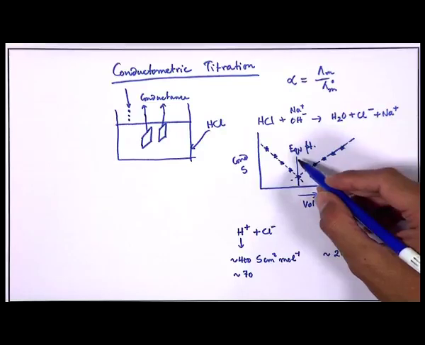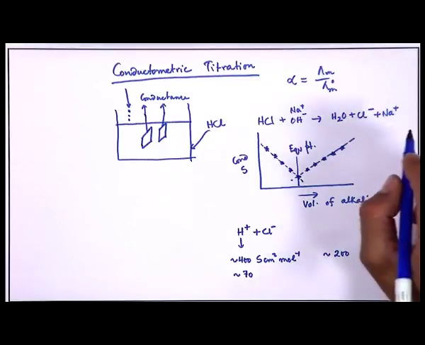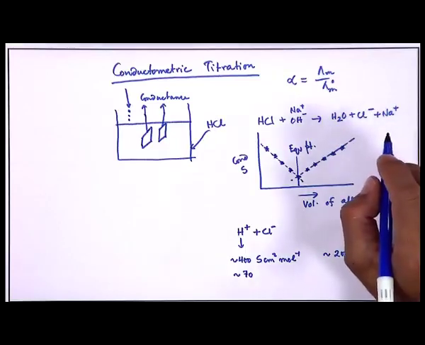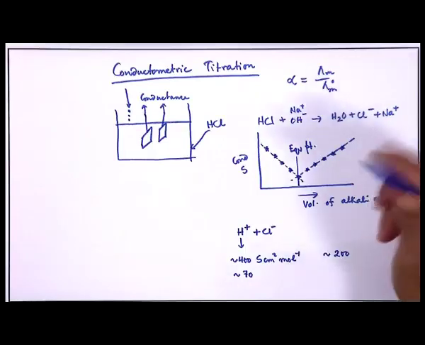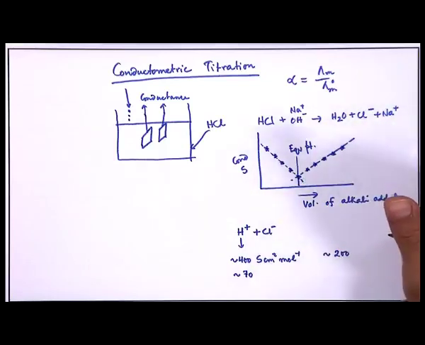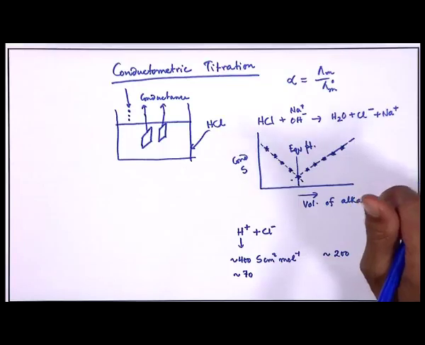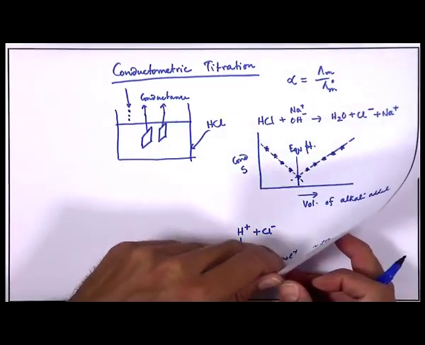You can also follow this precipitation titration with the help of the conductometric method, but the only thing is that you need to titrate with a stronger or concentrated solution to minimize the effect of increase of volume due to addition of the titrant. So, this is the second example that I have given to you.